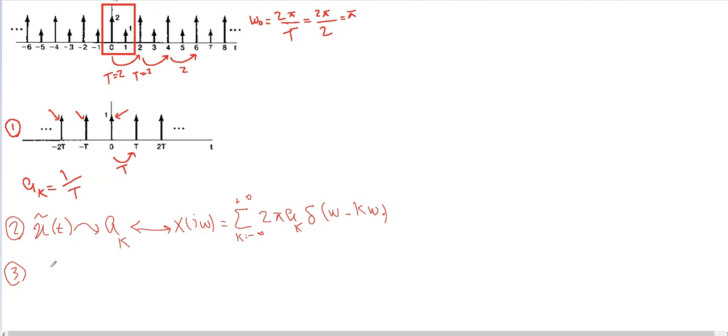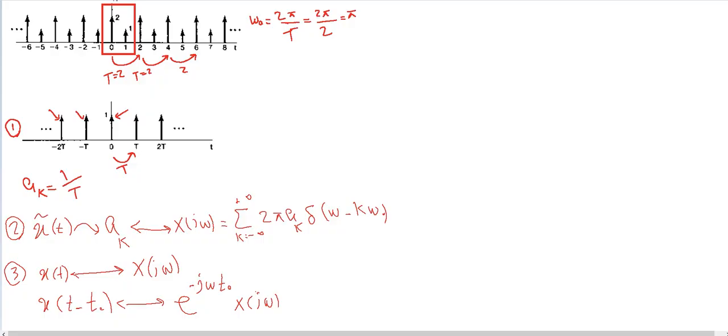Based on this property, if the Fourier transform of the signal x of t is X of j omega, then the Fourier transform of the signal x of t minus t0 will be e to the power of minus j omega t0 multiplied by X of j omega.